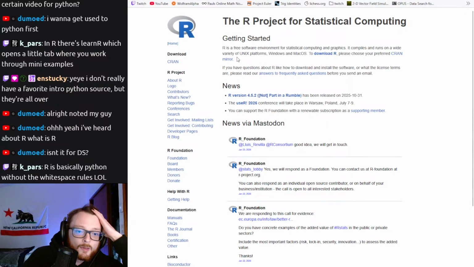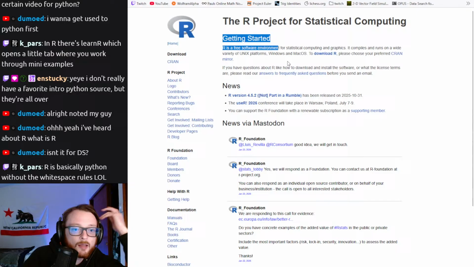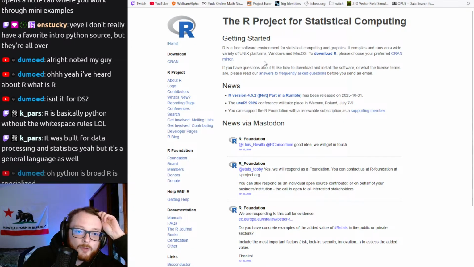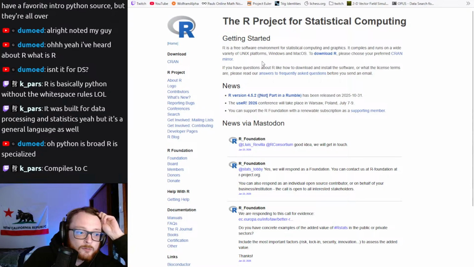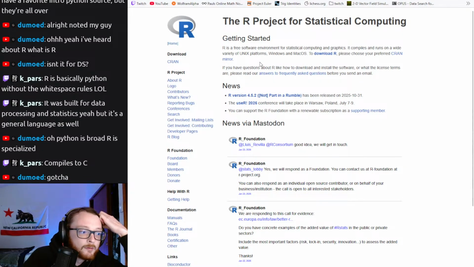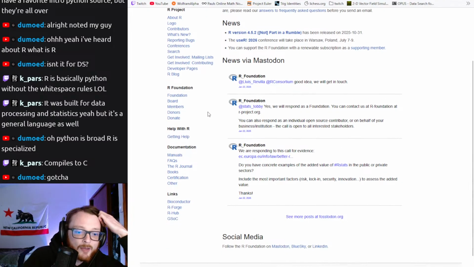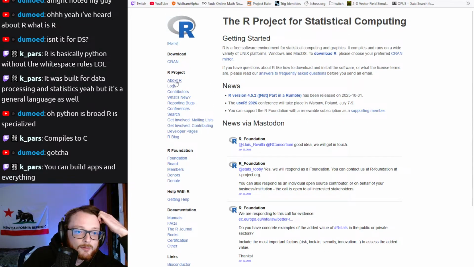Python is a general programming language that you can use libraries to make into a data science language. R is just a dedicated data science language. So it comes pre-installed with a bunch of stuff, more than Python has, to get you going. Oh, it's also a general language? Okay. Fair enough. I've only played around with very basic R, so I don't know that much about it.